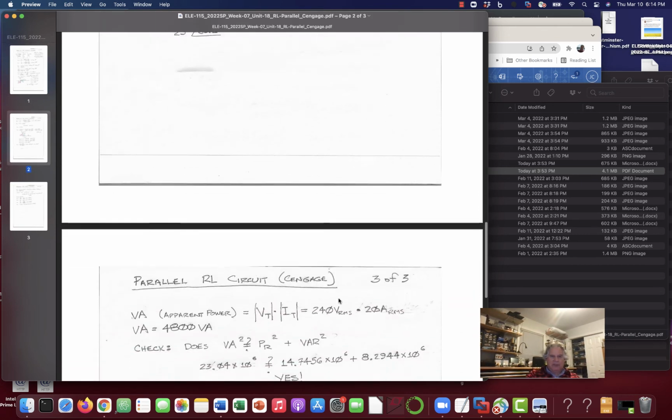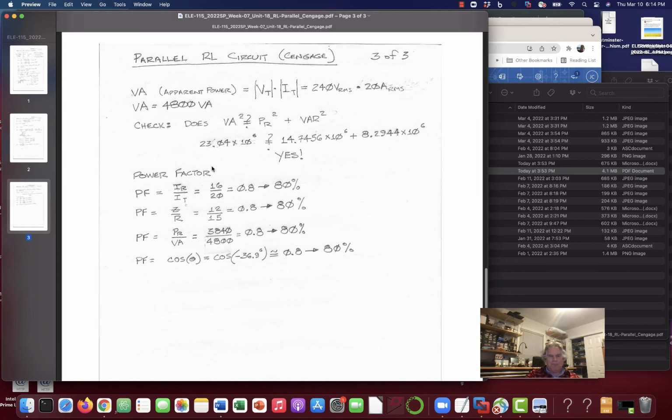So I come down here to volt amperes, or apparent power, and I multiply 240 times 20, and I get 4,800 volt amperes.